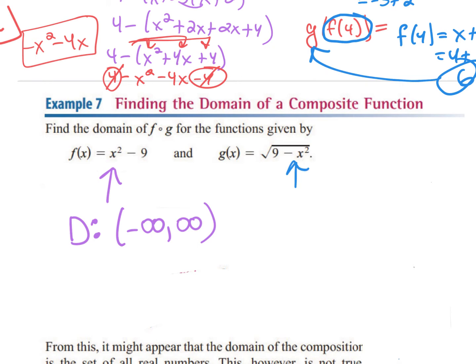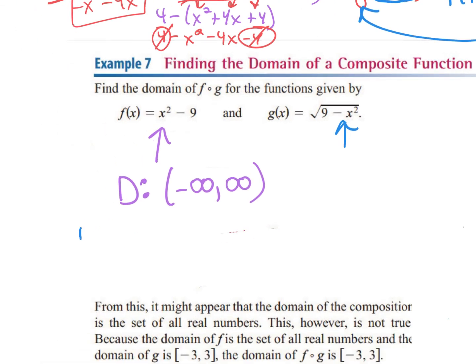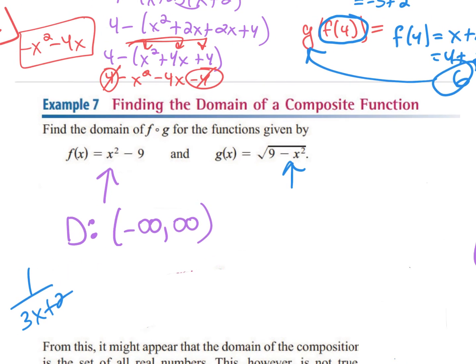All right, we cannot have the square root of a negative number. So now we have to do a little bit of thinking. Yesterday, there's an algebraic way to figure this out, which I'll show you in a second. But if we had a denominator like 1 over 3x plus 2, we would set the denominator not equal to 0 and figure out what that value would be, correct? So we can do something similar here, but we can't set it equal to something.